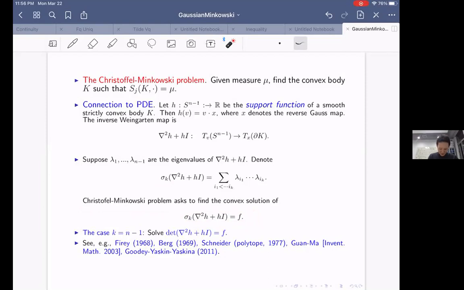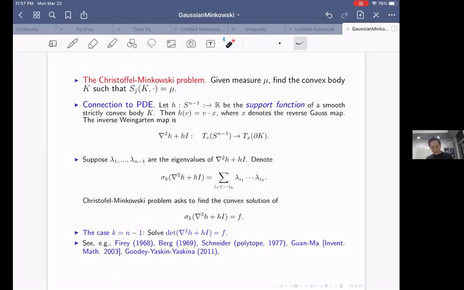Especially if k is n-1, this one will be the determinant, and it becomes the Monge-Ampère equation, and this is the classical Minkowski problem. For the general case, I mean the Christoffel-Minkowski problem, Firey considered the case j is 1, and Schneider considered the polytope case, also for j is 1.